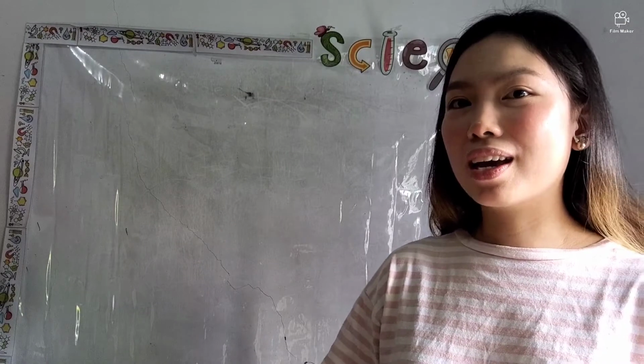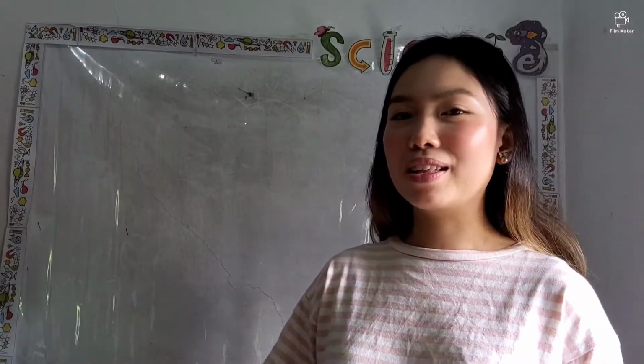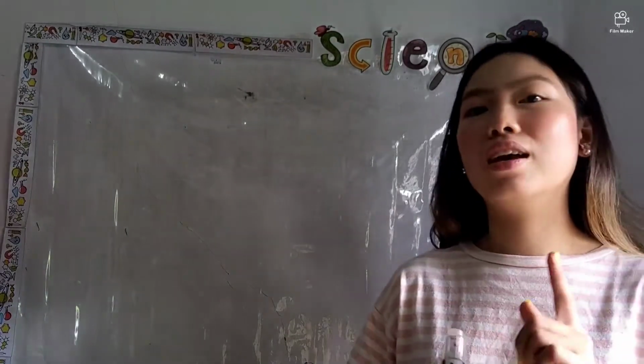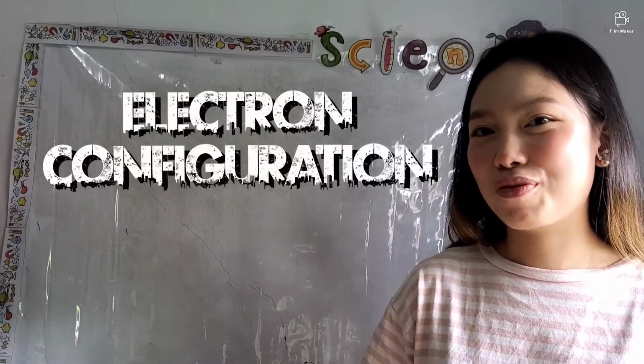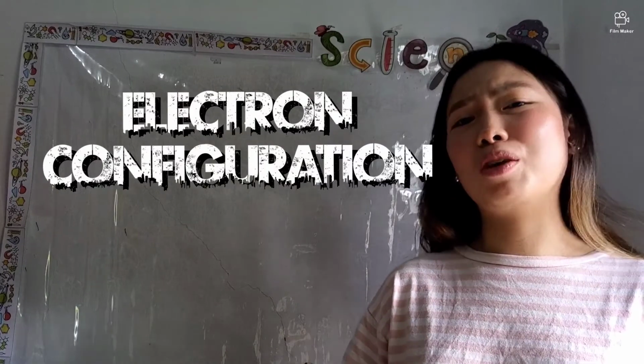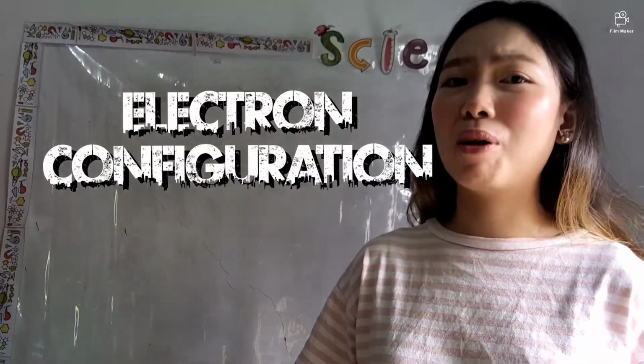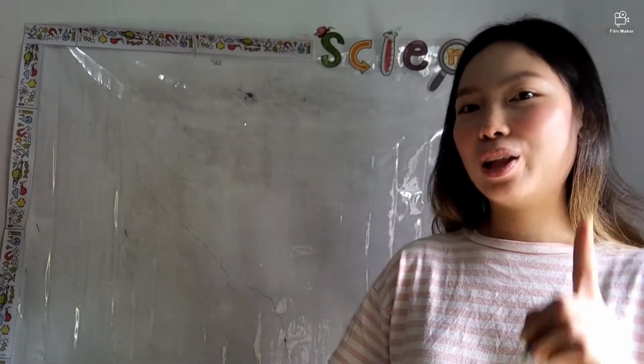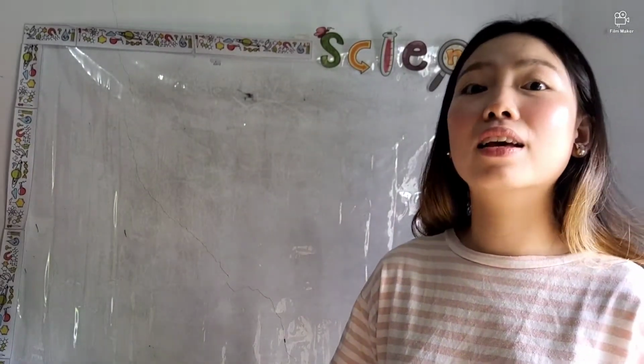So, one way to locate an element in the periodic table is just to use its electron configuration. Since ang electron configuration ay magagawa mo naman kahit wala kang periodic table, basta meron kang atomic number, then it would help you to locate the element in the periodic table.